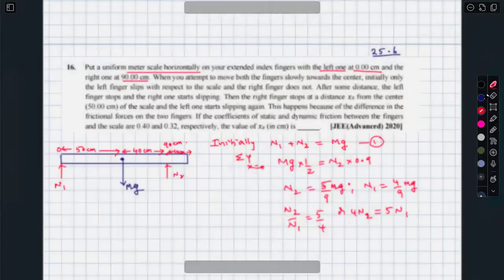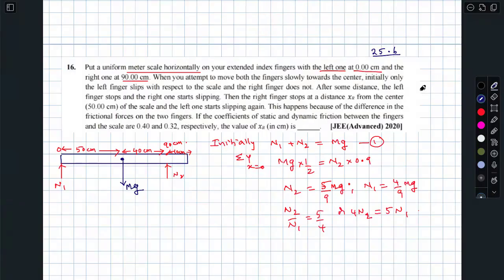So for example, I am assuming the frictional forces like this, say F1, F2, frictional forces. And they are moving actually. So kinetic friction is involved.